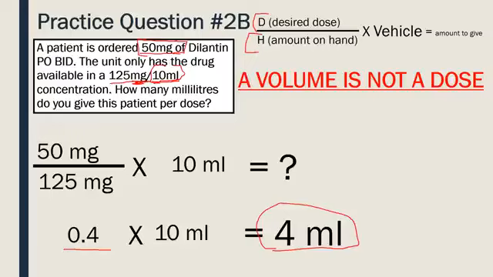So this question gives you an explanation that the different concentrations that the medications come in really do matter, and you really do have to separate in your mind the actual weight or quantity of the medication itself and the vehicle it's being administered through. Last question was 5 milliliters. This question is 10 milliliters. The patient's ordered the same amount, but you have to administer a different amount because the concentration is very different.